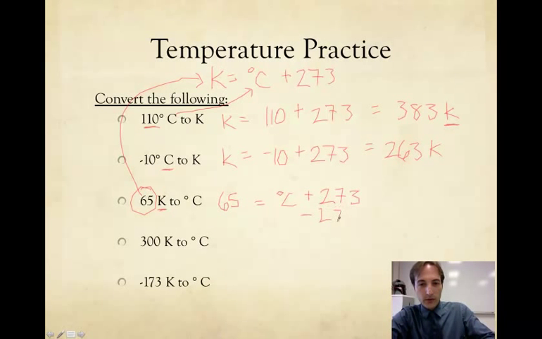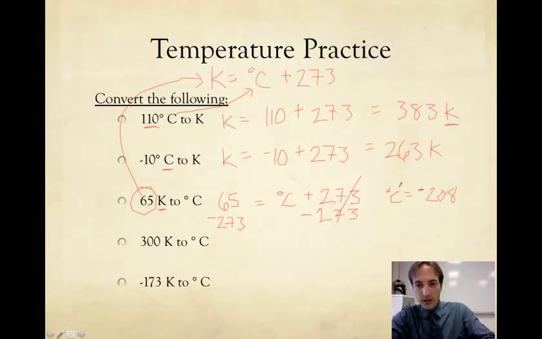We're going to subtract 273 from this side, and we're going to subtract 273 from this side. These will cancel out. We're left with degrees Celsius equals 65 minus 273, which is going to be negative, what is that? My brain is just frazzled right now. I believe that's negative 208.